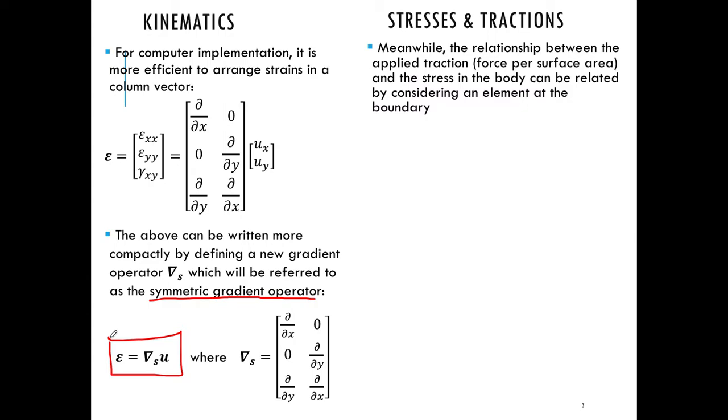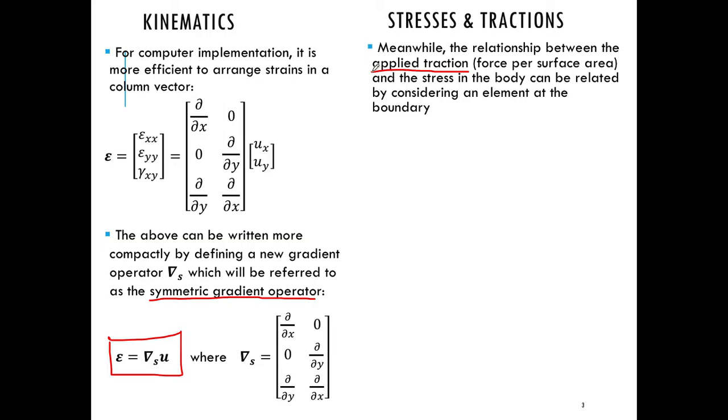Right? So that's what I'm going to do. In order to do that, I need to look at a boundary element, of course, because it's on the boundary that the traction is applied, right? Let me repeat. Traction is a force per unit area, so same units as stresses, but traction is the effect of the external system on the boundary of our component.